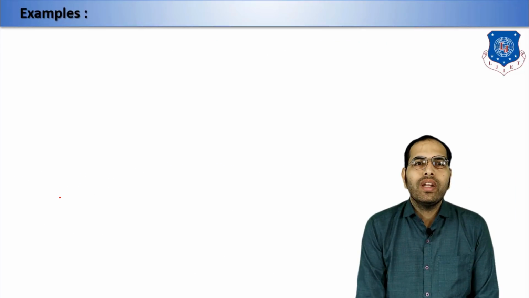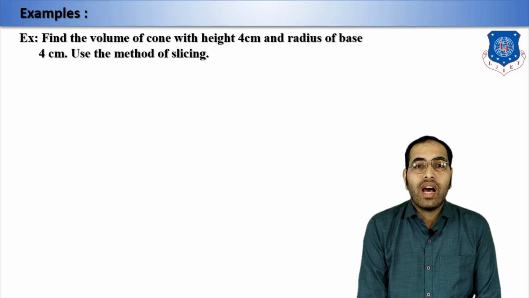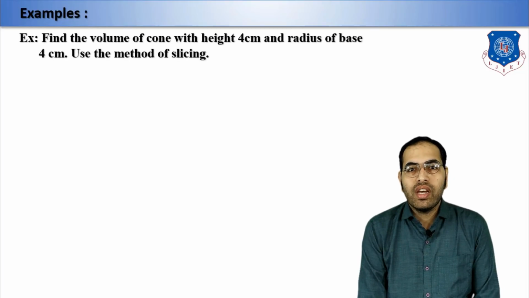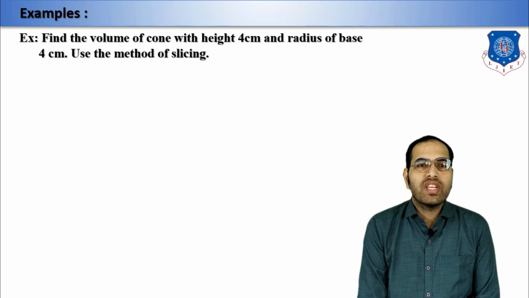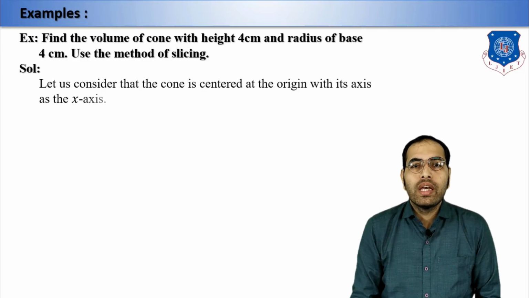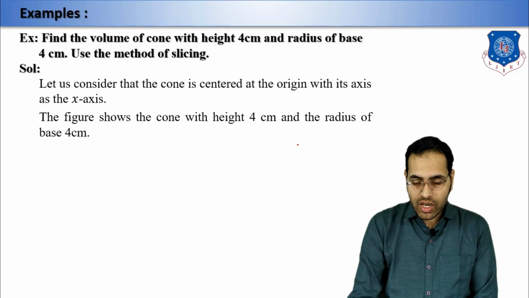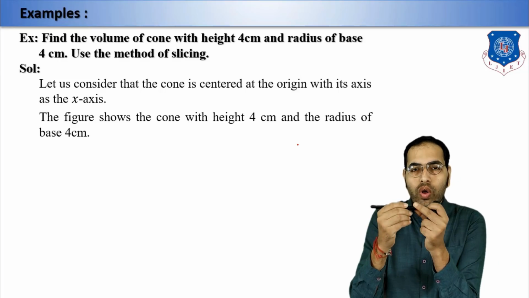Let's see one example. Find the volume of the cone with height 4 cm and radius of the base 4 cm. Use the method of slicing. Here we consider a cone with its center at the origin, meaning our cone starts from the origin.